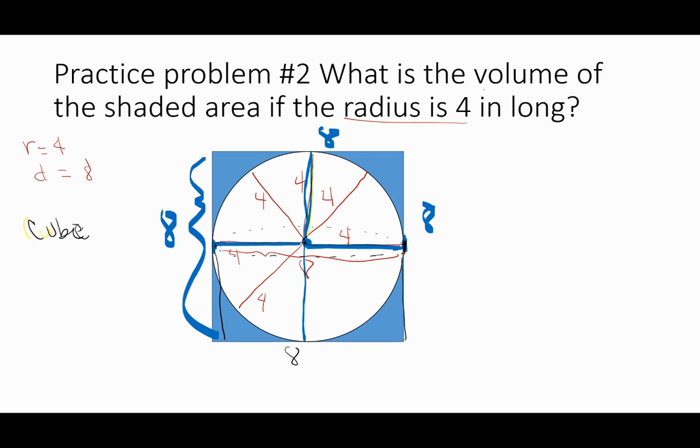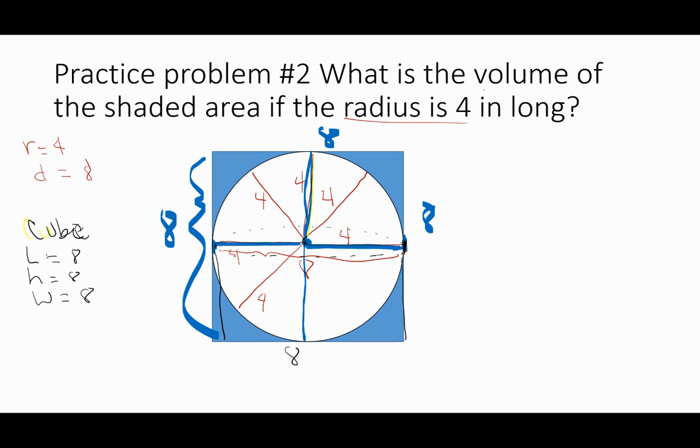So if we're looking at this volume, and it's a cube, then the length is equal to 8, the height is equal to 8, and the width is also equal to 8 because it's the same all the way around. If we were to come out towards you, that would also be a radius of 4, and going back into the picture would also be 4.